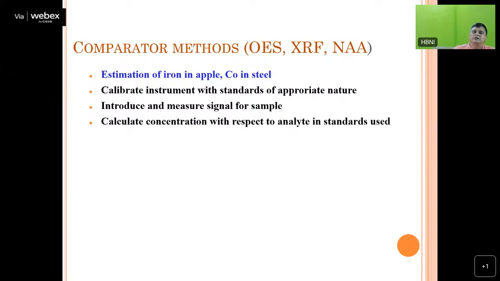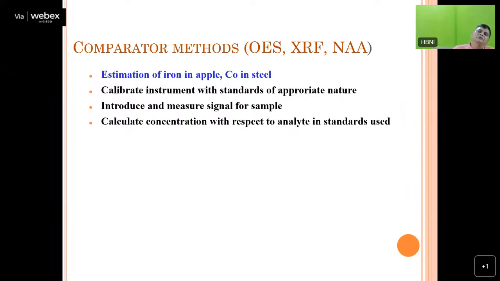In the relative method, you can use the reference material without bothering about the matrix. But in the case of the comparator method, it is absolutely necessary that you prepare a calibration curve using a matrix matching standard. If you are measuring any element in a particular matrix, as I told you, copper in soil or copper in steel, then you should have a standard of the steel or of the soil.